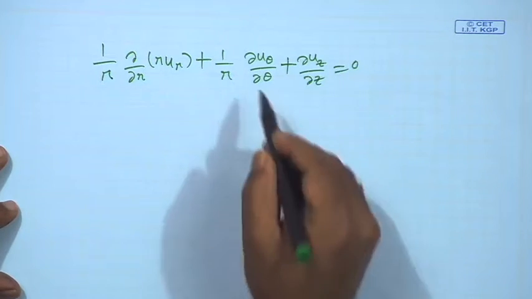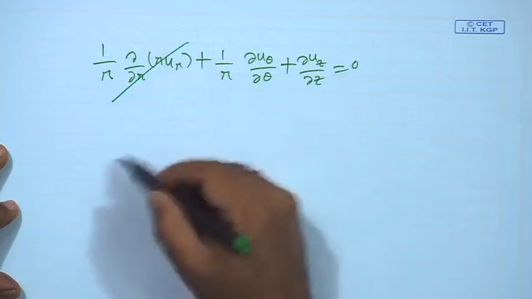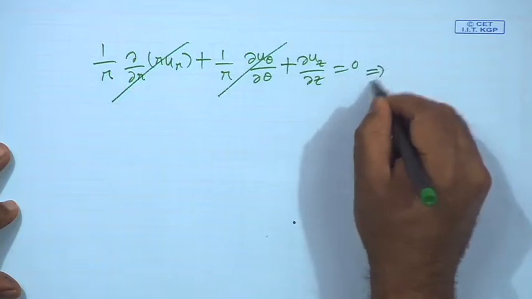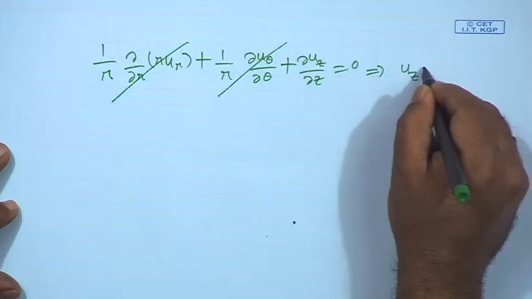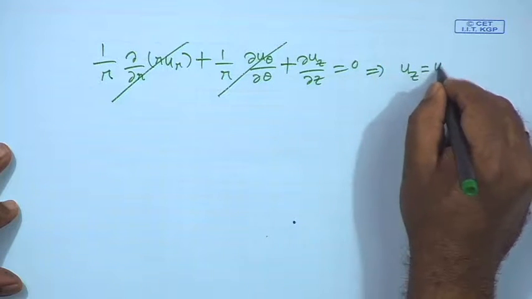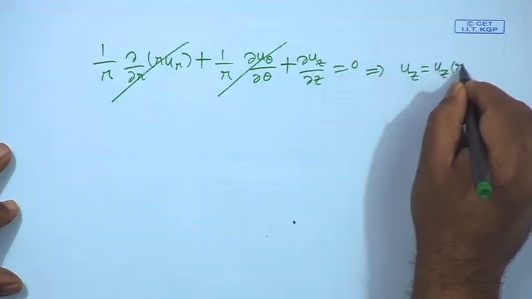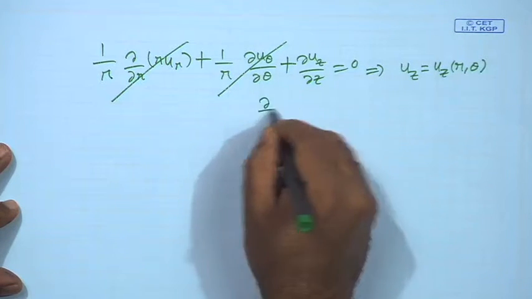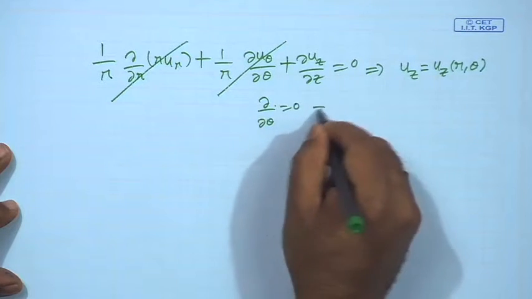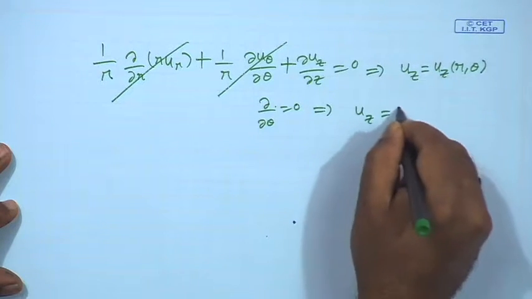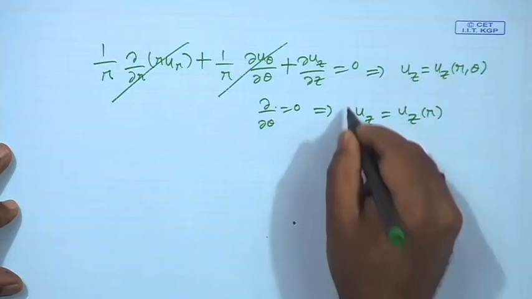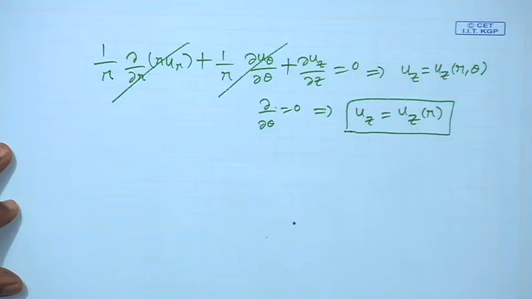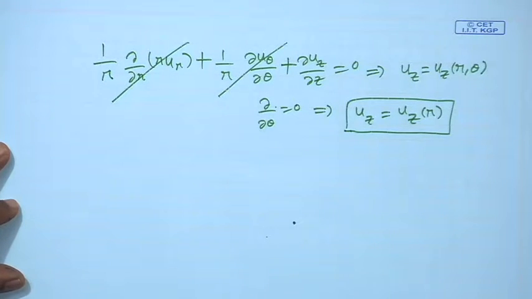Now unidirectional, therefore this is gone, this is gone, this implies u z is u z of r and theta at this stage, but we have axisymmetry, this implies u z is a function of r only. With this assumption, we would like to revisit our z component.